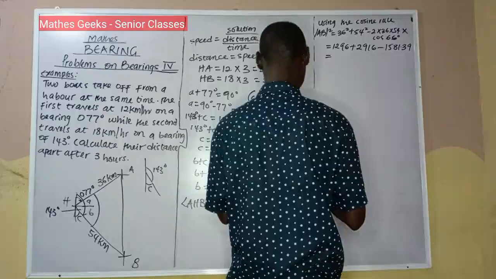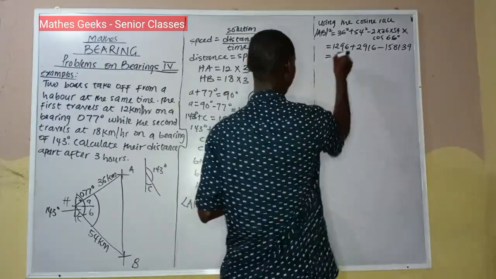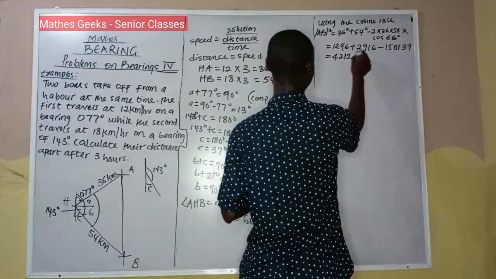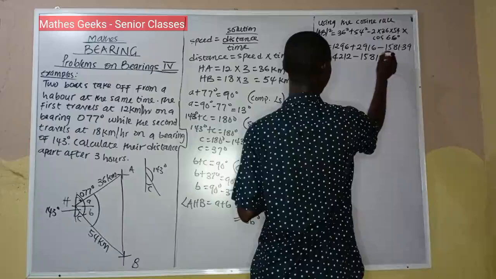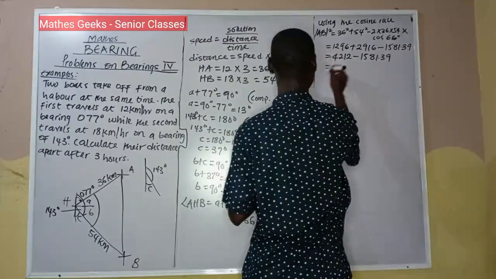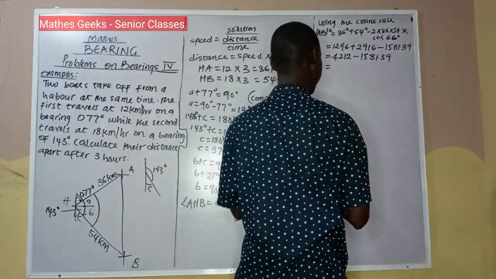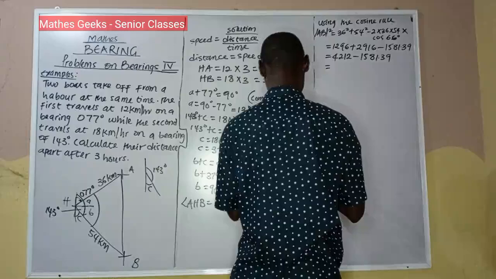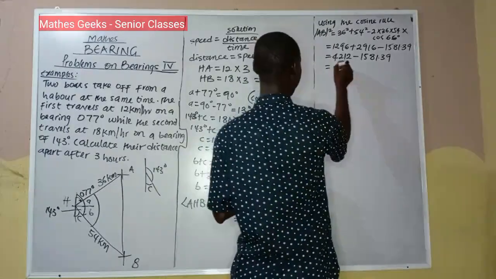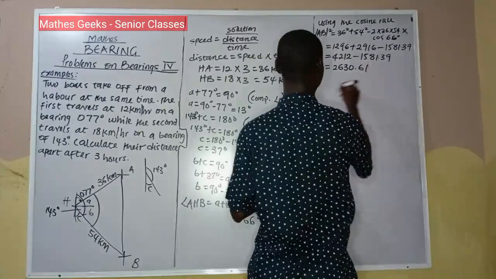1296 plus 2916 is 4212, minus 1581.09 gives 2630.91.